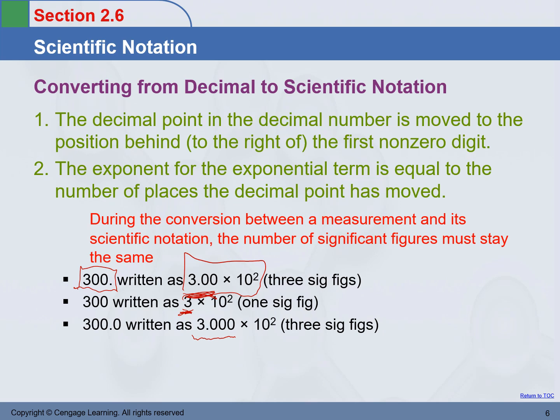I hope these 3 examples help you to understand. 0.004890, the trailing zero is significant because you have a decimal, so this number has 4 sig figs. Therefore, the coefficient has to be 4.890. It cannot be 4.89.